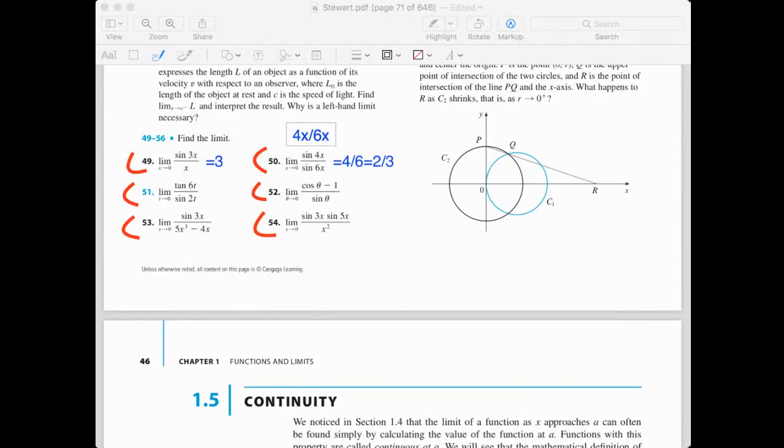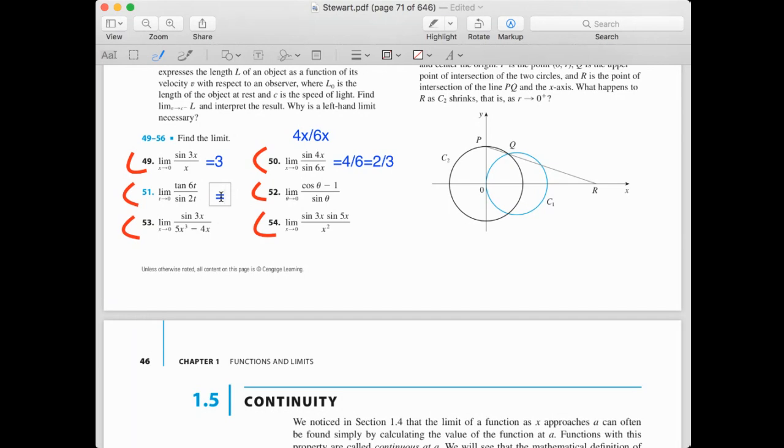Okay, Carlos. Hi, yeah. Carlos, can you try the next one? Yes, so the answer will be 3. I kind of remember using L'Hopital's rule. So I had the tan 6x and the sine 2x became sec square 6x times 6 divided by cosine 2x times 2.